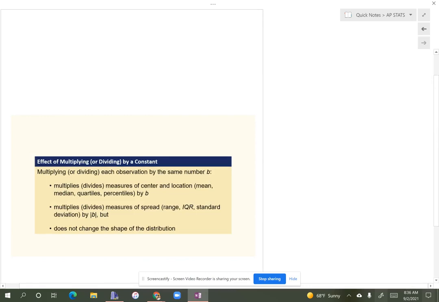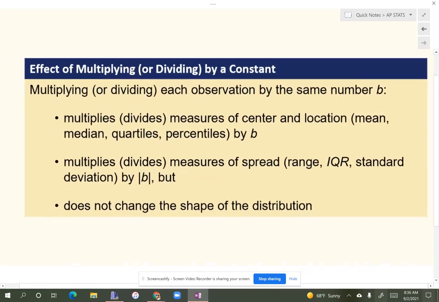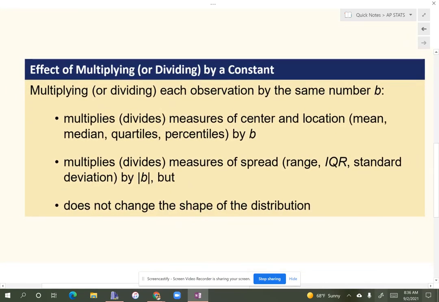So in general, we have this rule: when we multiply or divide, multiplying each observation by the same number B, like our conversions, our measures of center and location multiply by B. It also multiplies our measure of spread, but it does not change the shape or distribution. That's the biggest thing we need to remember.